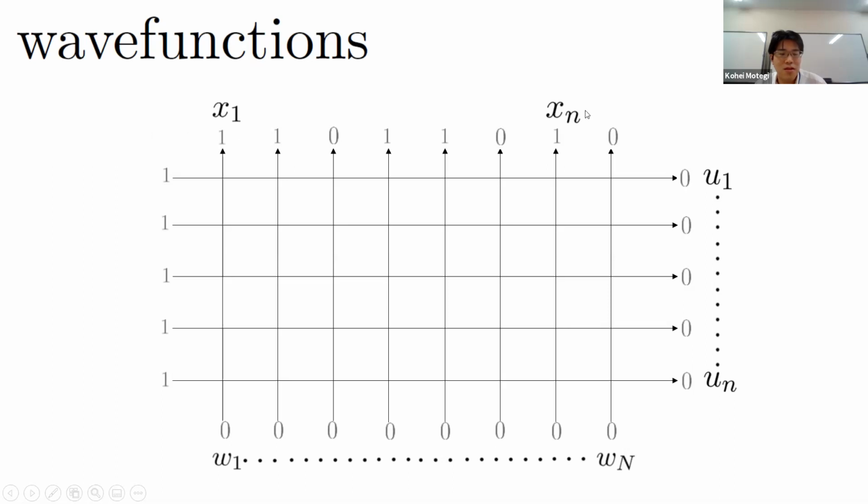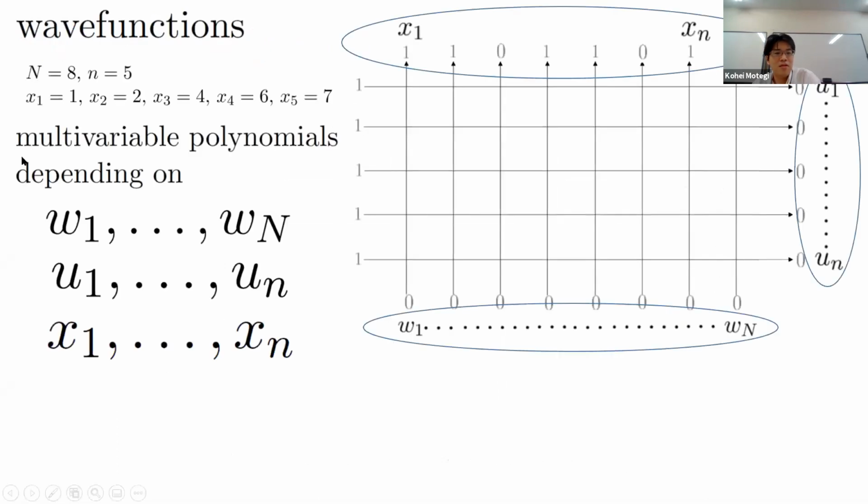In this example, x1 is 1, x2 is 2, x3 is 4, x4 is 5, and x5 is 7. I think everyone understands this rule. Okay, so this is this partition function.